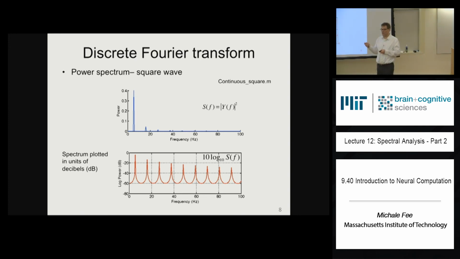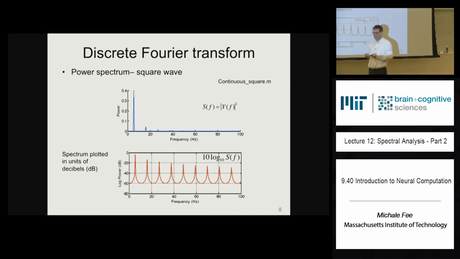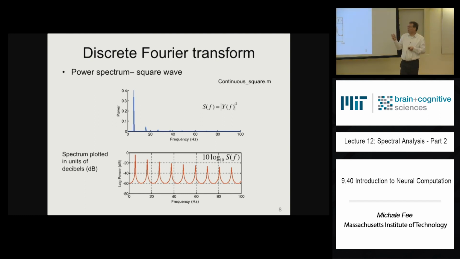Log base 10 of 100 is 2. How many decibels? No, it's 10 decibels per bel. Deci just means a tenth of, right? Remember those units? So a factor of 10 in signal is a factor of 100 in power, which is 2 bels, which is 20 decibels. Okay.